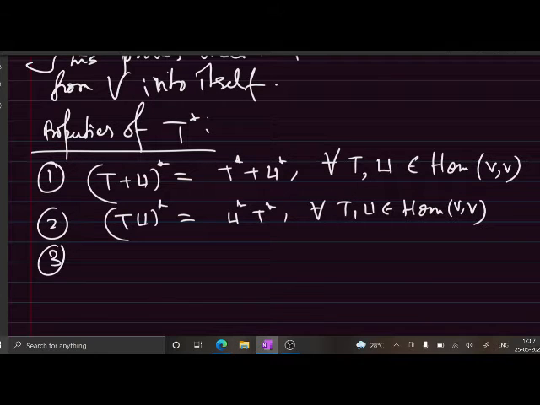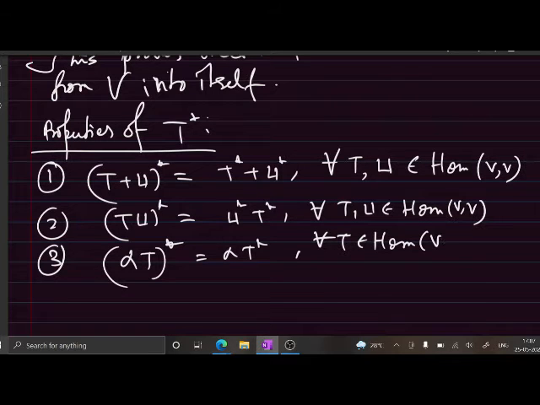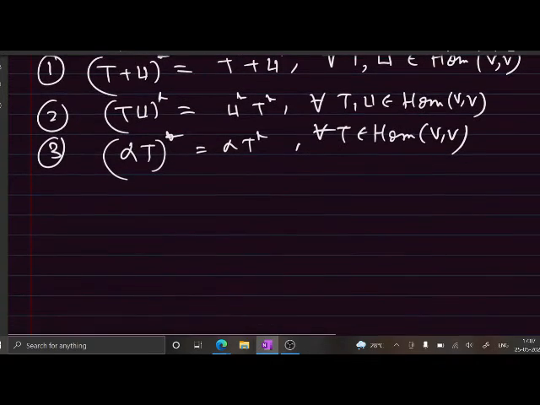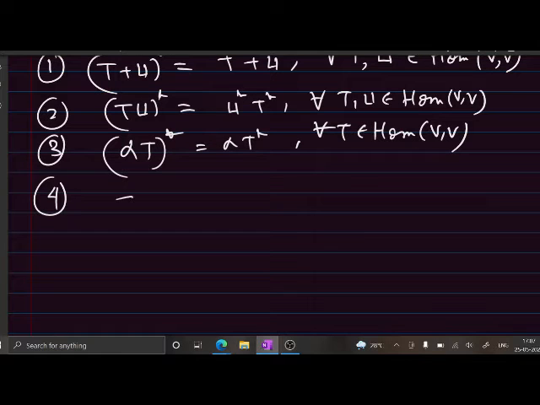Similarly, number three, if you take any scalar alpha and T, then alpha T star is alpha times T star for all T belongs to this set. And number 4, if you take the adjoint of the adjoint of T, then it will be T.